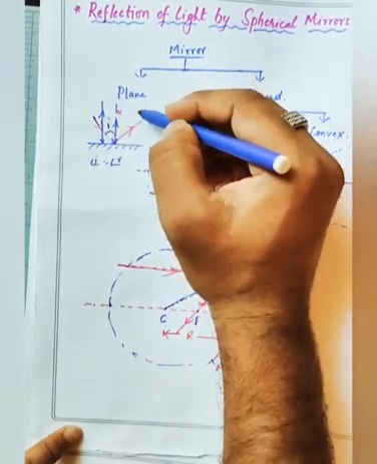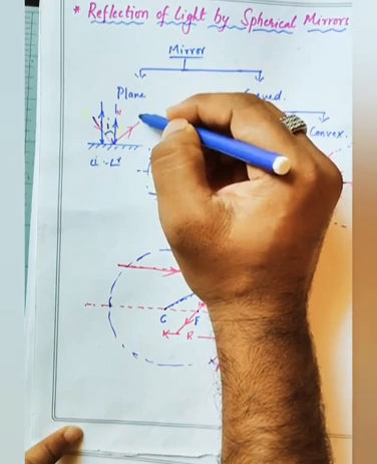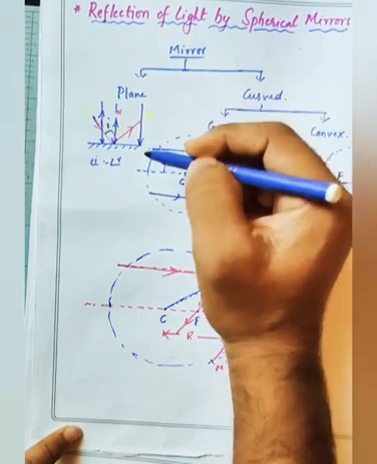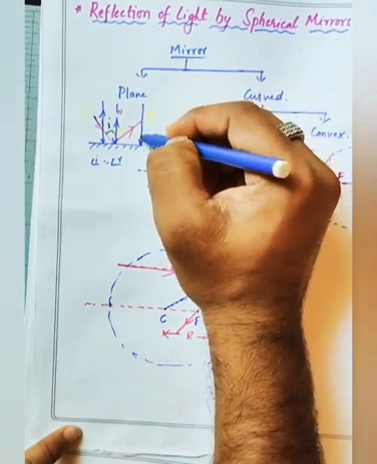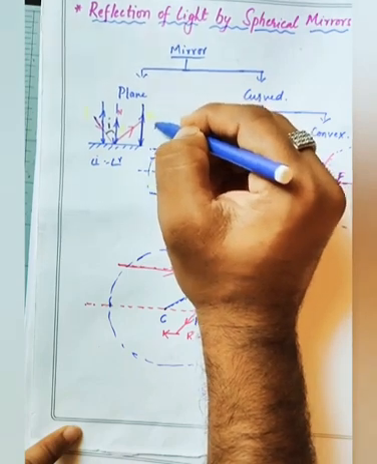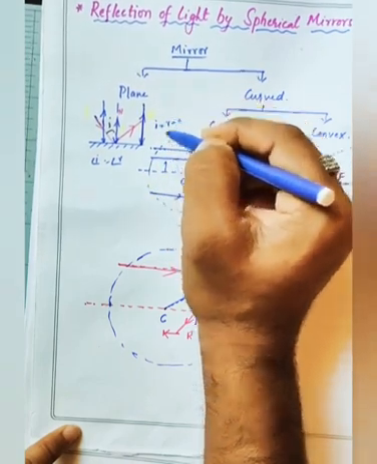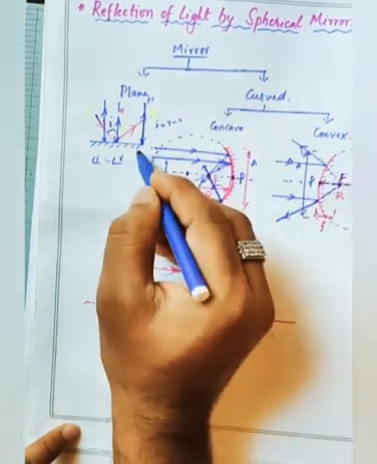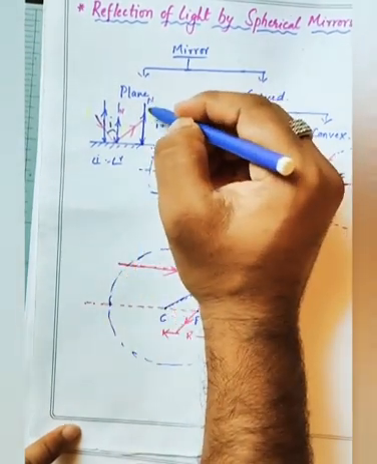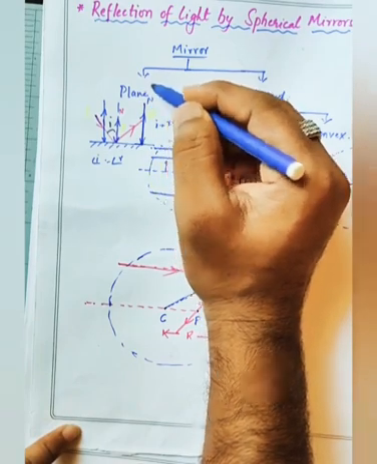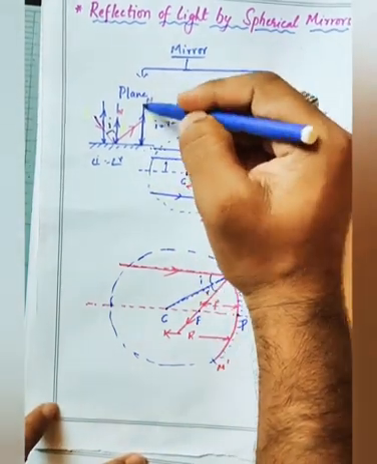When the light is striking along the normal, it will again reflect back along the same line. It means I is equal to R is equal to 0, because this is with respect to the normal, not with respect to the plane. So the normal and I are in the same line, it means I is 0, and R is also 0, right, because it is going back in the same direction.